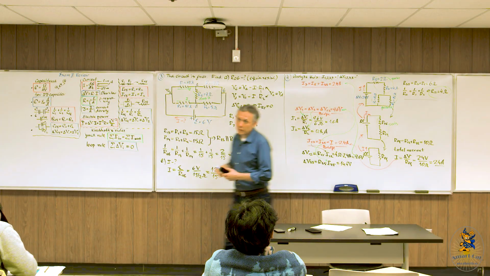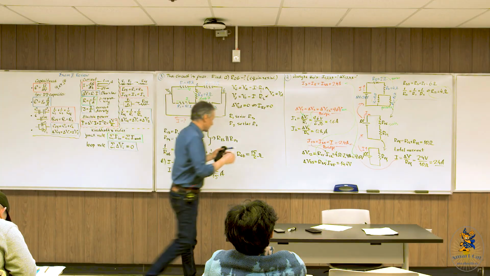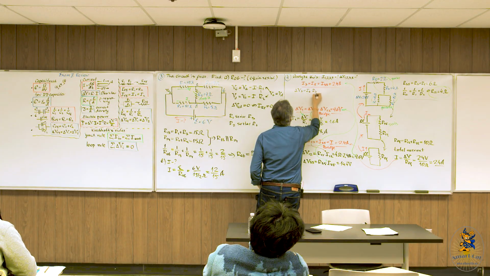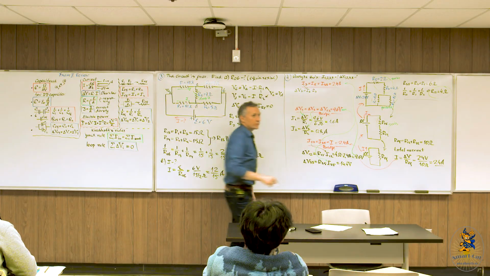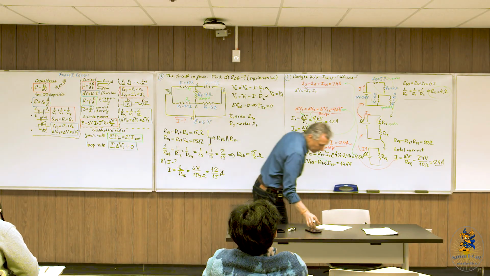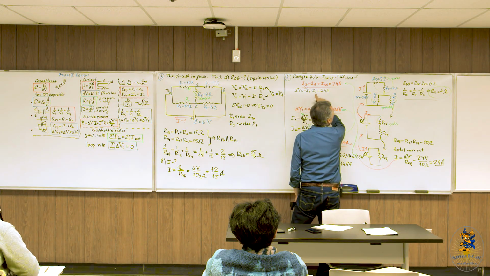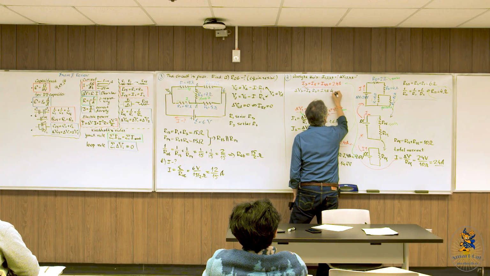And so now again, Ohm's law needs to be applied twice. So delta V3 is I3 times R3. And again, R3 comes from the bridge. So you can plug in. Current is 2.4 amps. Resistance is 4 ohms.